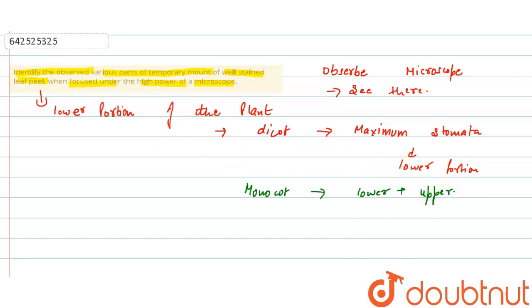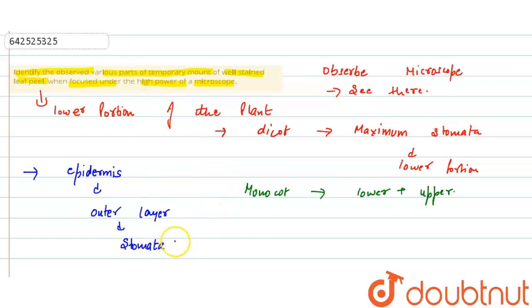So when we observe it under the microscope, what will we see? We will see the epidermis. Epidermis is the outer layer, and inside the epidermis there is presence of stomata.